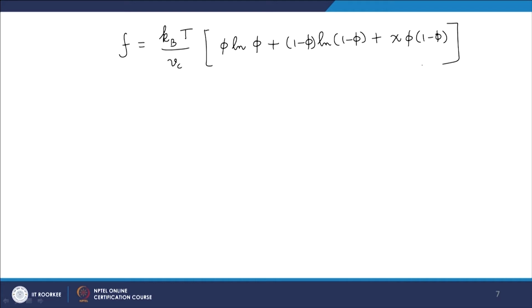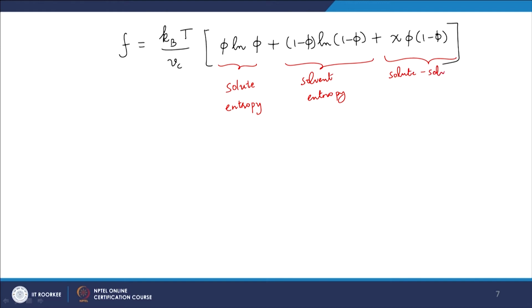Now recall, in this particular case of liquid solutions, we have identified these three terms as my solute entropy, solvent entropy, and the solute-solvent interaction.